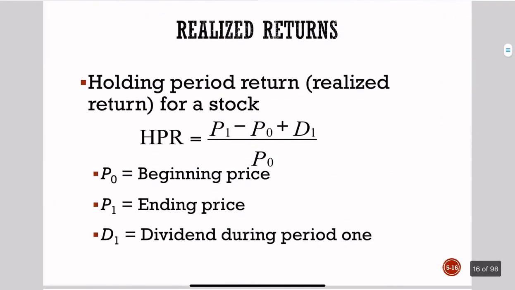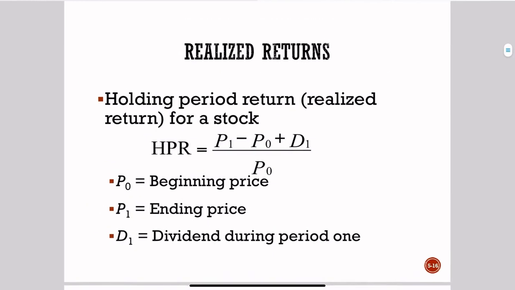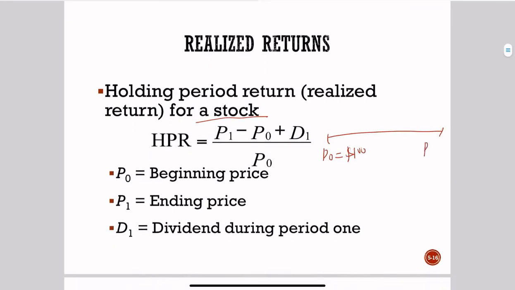Okay, so first, what is a realized return? Well, it's pretty simple. Let's say you invest in Apple stock. You purchased an Apple share at $100, and then at the end of the investment horizon, the share price increased to 150, and let's assume you also get a dividend of $3.